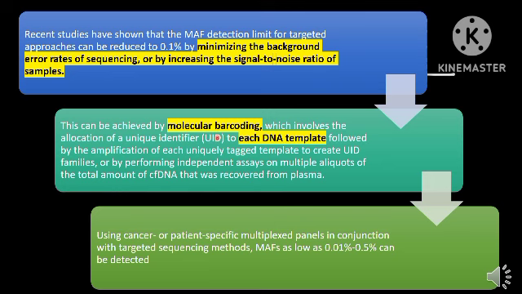This can be achieved by molecular barcoding, which involves the allocation of UMIs, that is unique molecular identifiers, to each DNA template, followed by amplification of each uniquely tagged template to create UID families. So cancer or patient-specific multiplex panels can be used in conjunction with targeted sequencing methods to achieve a MAF as low as 0.01% to 0.5%.